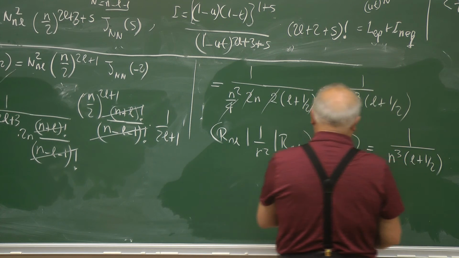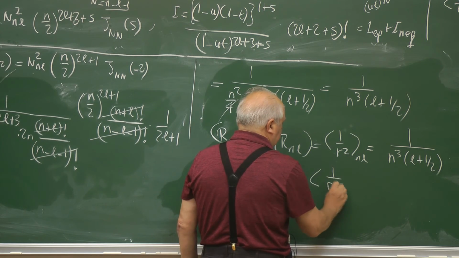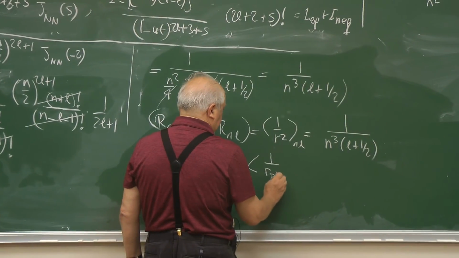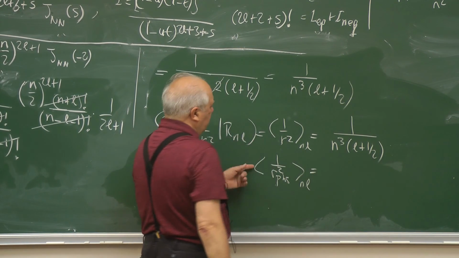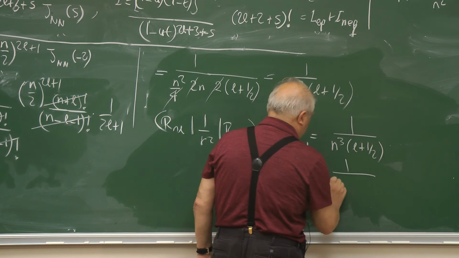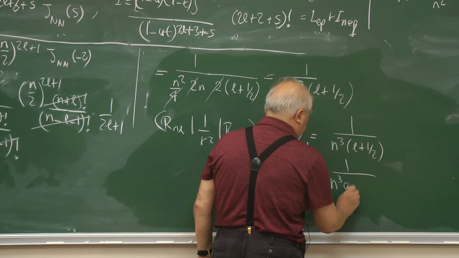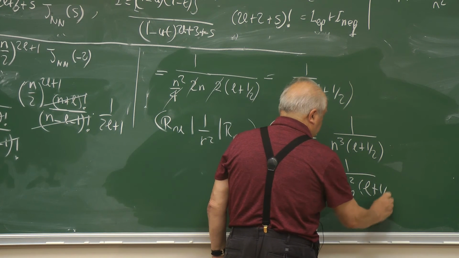And if you are looking, this is the dimensionless one. If you are looking for 1 over the physical r squared, we divide by a0 squared. So it is 1 over n cubed a0 squared (l plus a half).